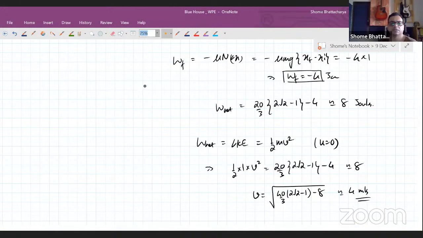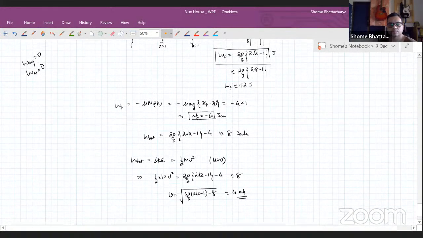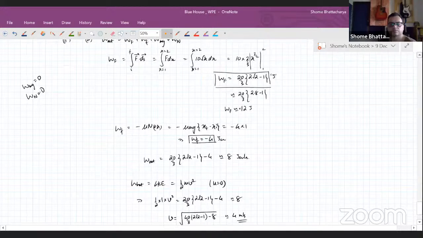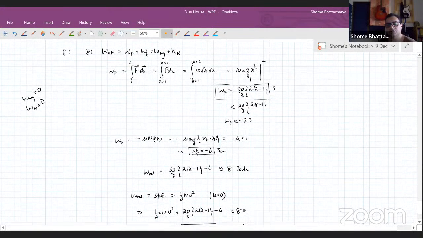So this is what we are getting by the work energy method. Kinetic energy is approximately 8 joules. The approximation has been done by taking root 2 as 1.4. Okay, so hope this calculation is clear.